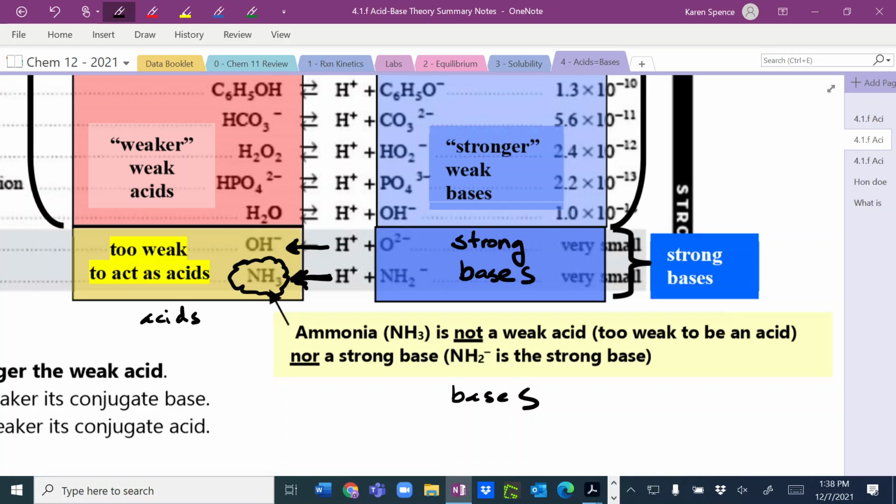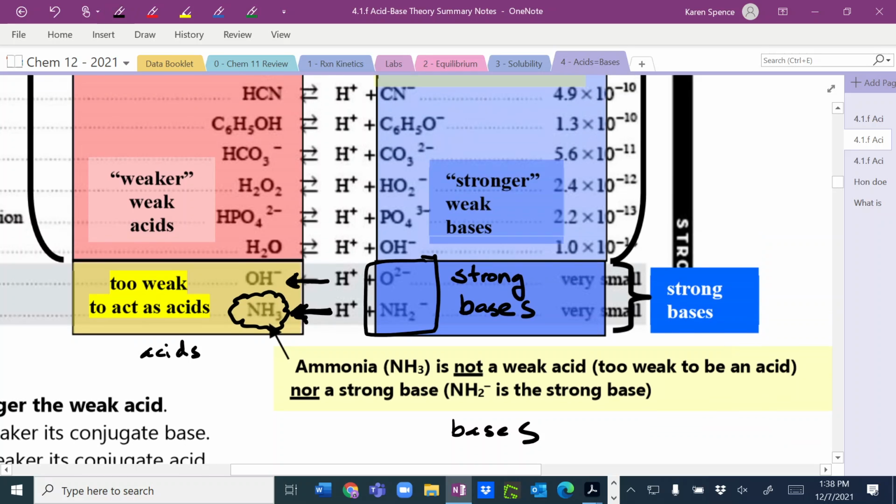So ammonia is not an acid. It's not a weak acid. It's not a strong base. People are always tempted, because it's in that gray zone at the bottom, to say, oh, ammonia, a strong base. I know it's a base, it's in the strong base area, but it's not. Only these two are the strong bases.